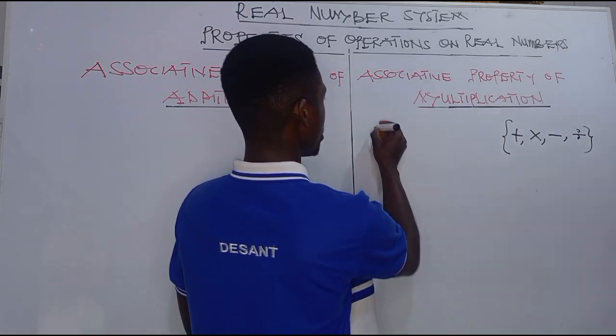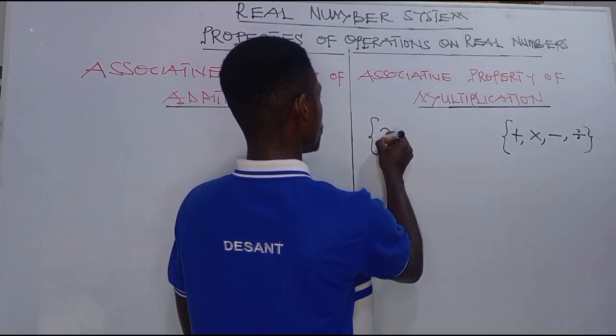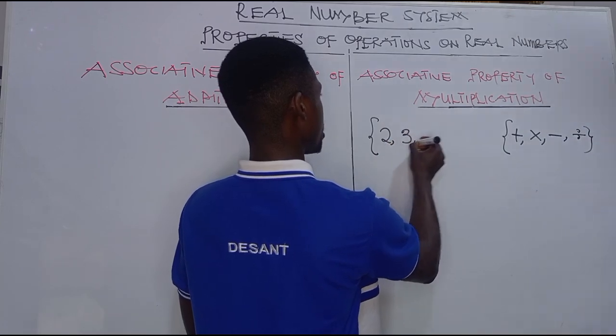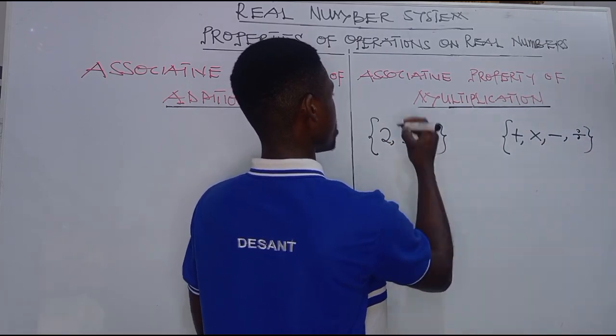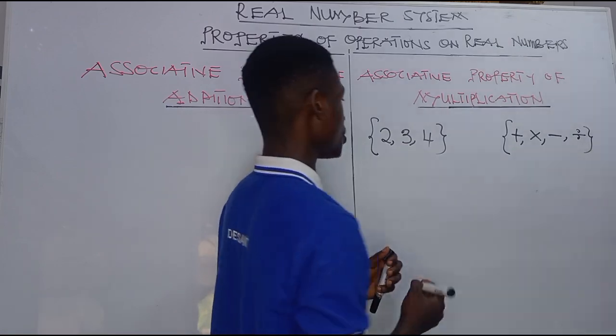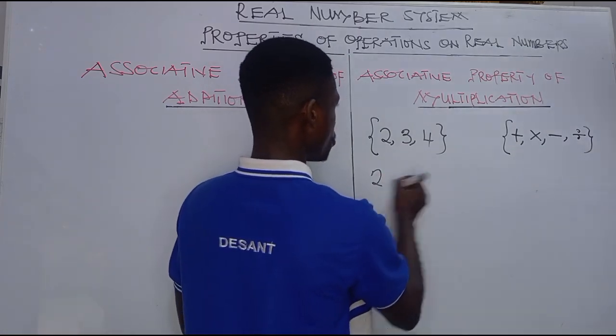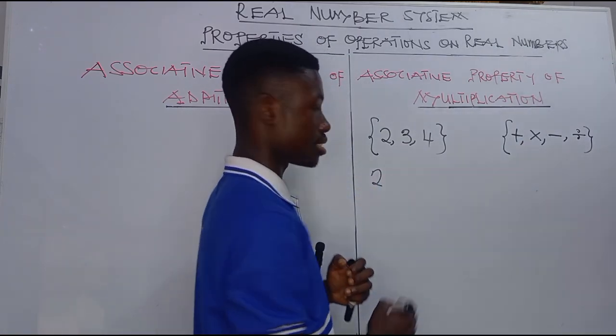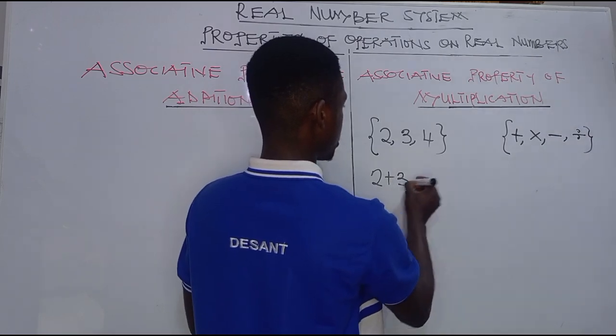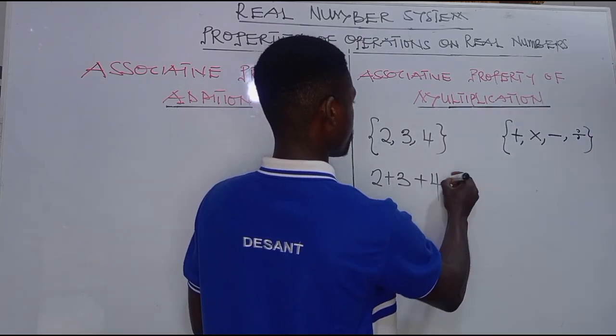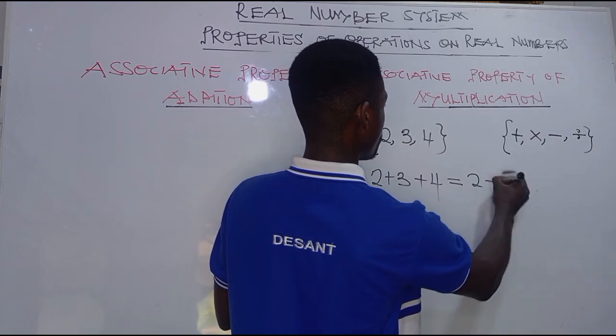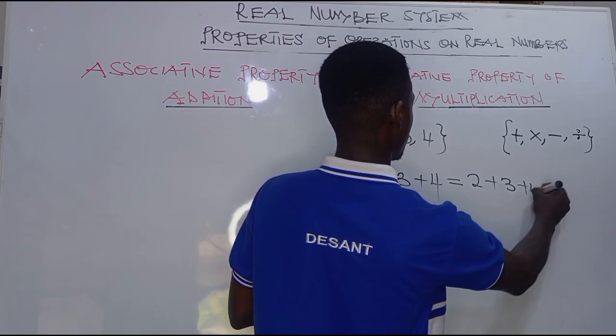So let's take it that we have 2, 3, and then 4. All these numbers are real numbers, right? Good. So we have 2, we are using the addition operation, plus 3 plus 4. Then we have the same 2 plus 3 plus 4.